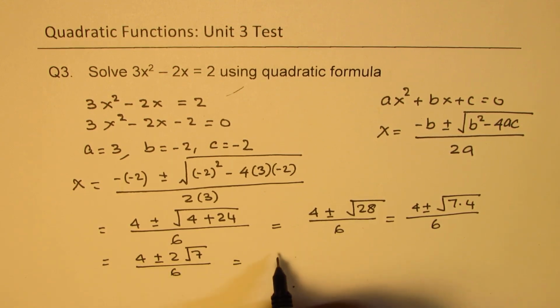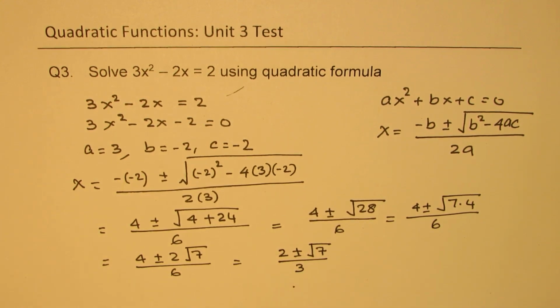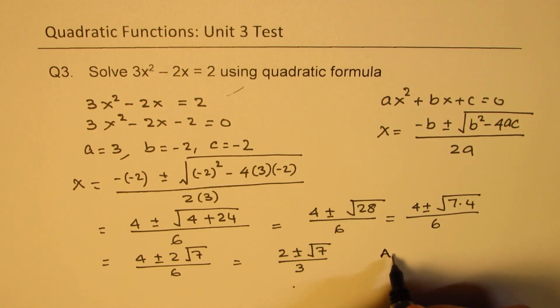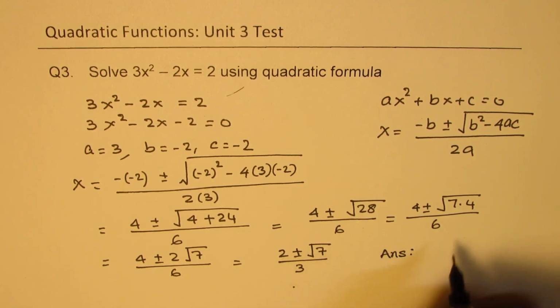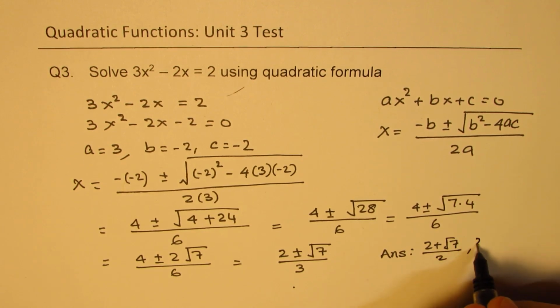Dividing by 2, we get 2 plus or minus square root of 7 over 3 as our answer. So using the quadratic formula, we get two solutions. One is 2 plus square root of 7 over 3. The other one is 2 minus square root of 7 over 3. Clear?